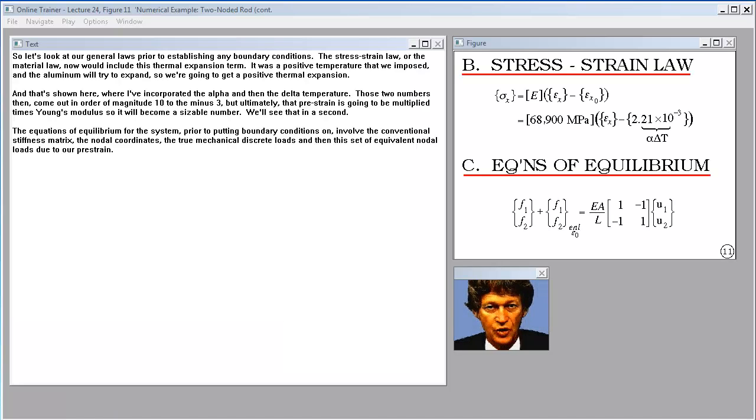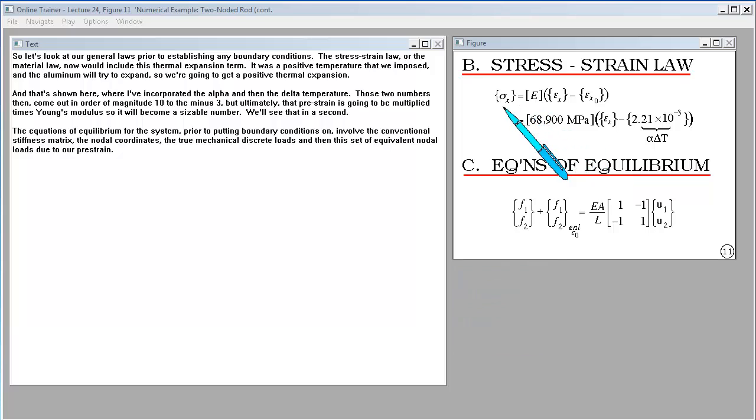So let's look at our general laws prior to establishing any boundary conditions. The stress-strain law, or the material law, now would include this thermal expansion term. It was a positive temperature that we imposed, and the aluminum will try to expand, so we're going to get a positive thermal expansion.